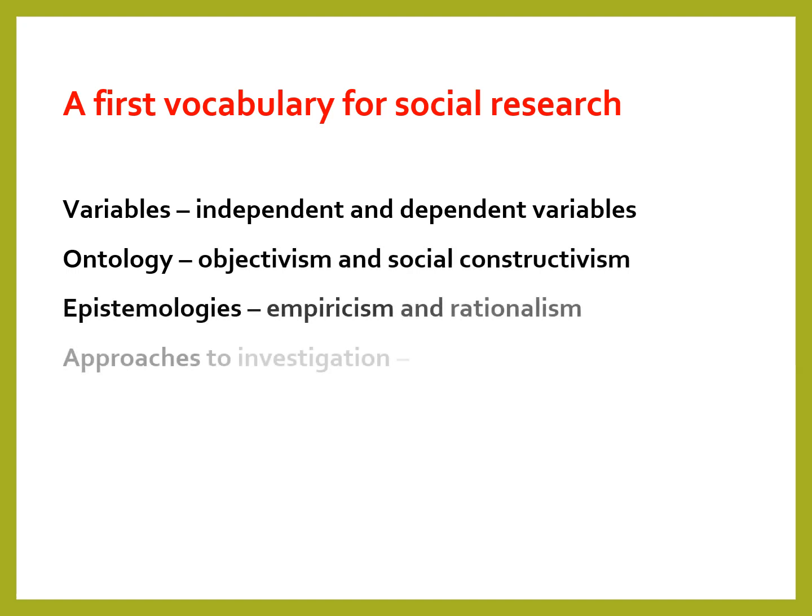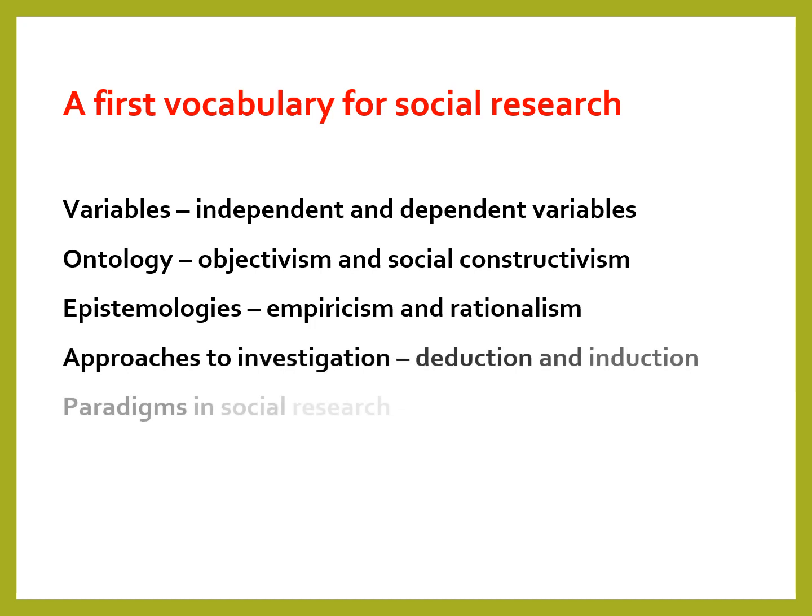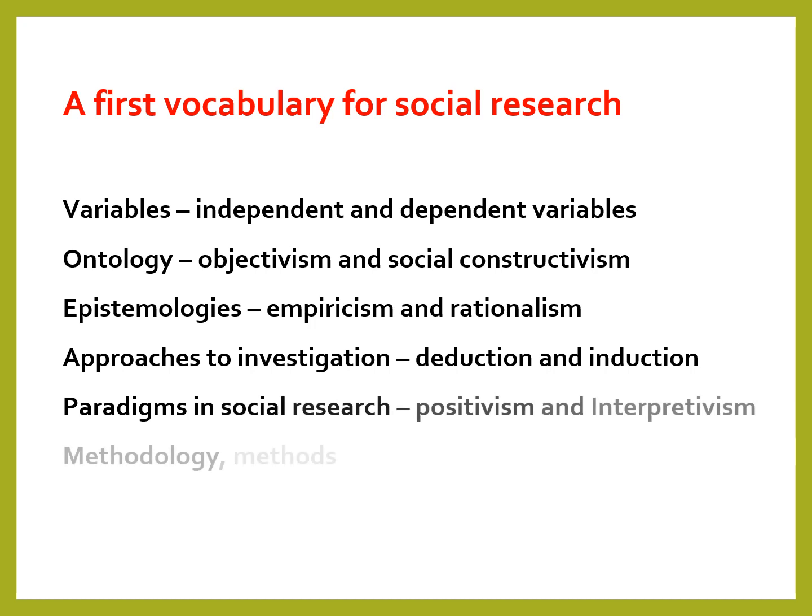We talked about ontological positions and distinguished between objectivism and social constructivism. We also distinguished between empiricism and rationalism as epistemological positions. We discussed the two approaches to investigation in relation to how theory and collecting data sit one after the other, from deduction to induction and the other way around.